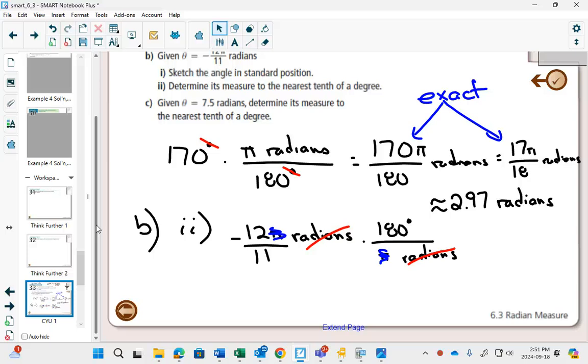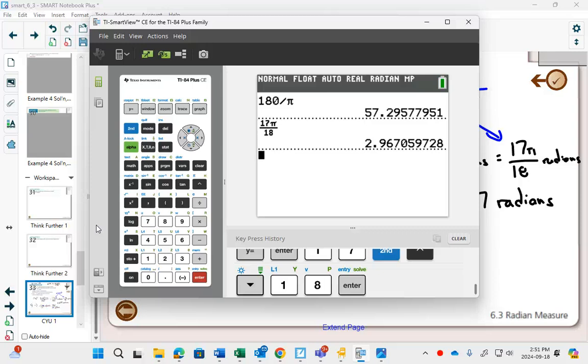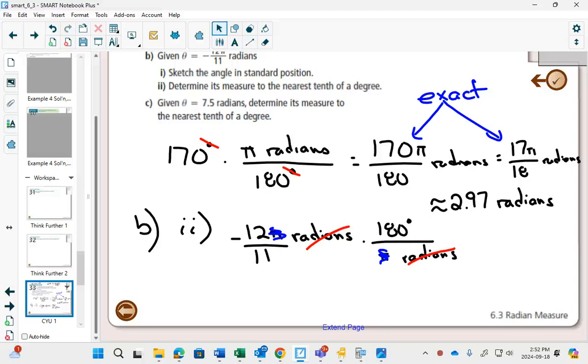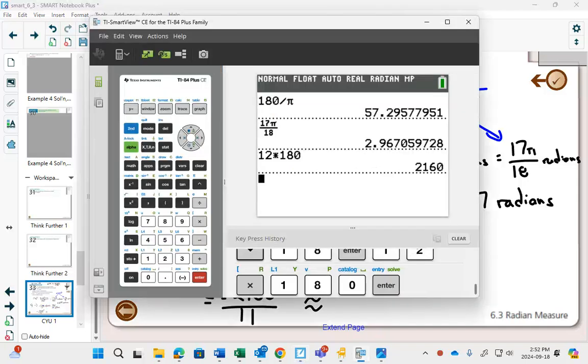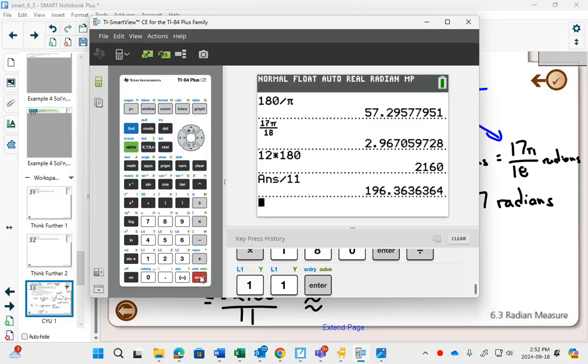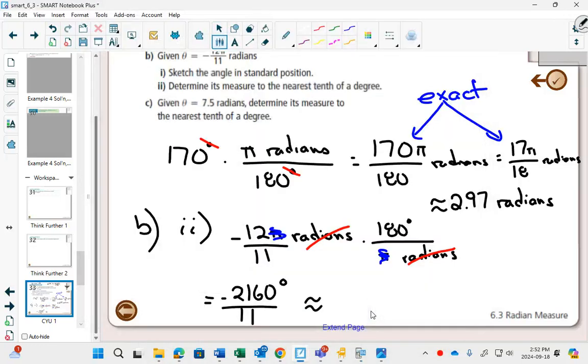And so if I go to my calculator and I do 12 times 180, 2160, I will get negative 2160 over 11 degrees. It does say round to the nearest tenth, so I'll actually divide this by 11. Negative 196.4 degrees.